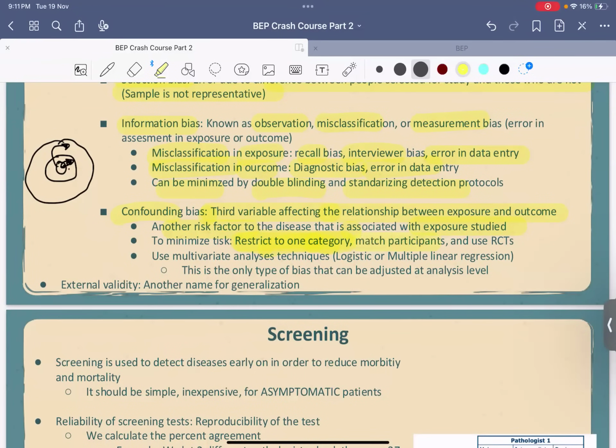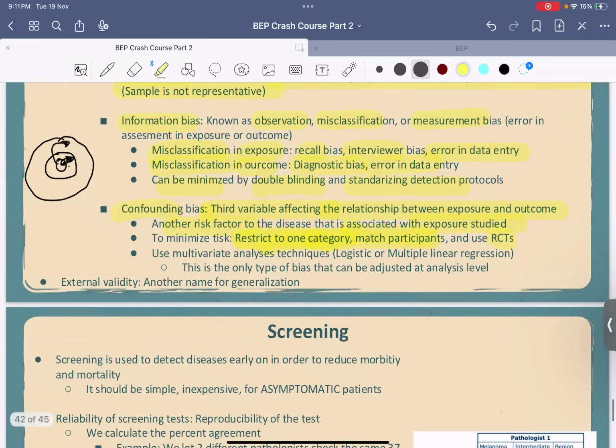Another thing is matching participants and using RCTs, okay? Because if I match participants, I'm decreasing the variability between the two groups. And in that case, there's less probability of confounding bias. And then using RCTs, we can use multivariate analysis techniques, okay? And analysis is obviously after the results are obtained, okay? So let's say I obtained the results and there was actually a confounding bias.